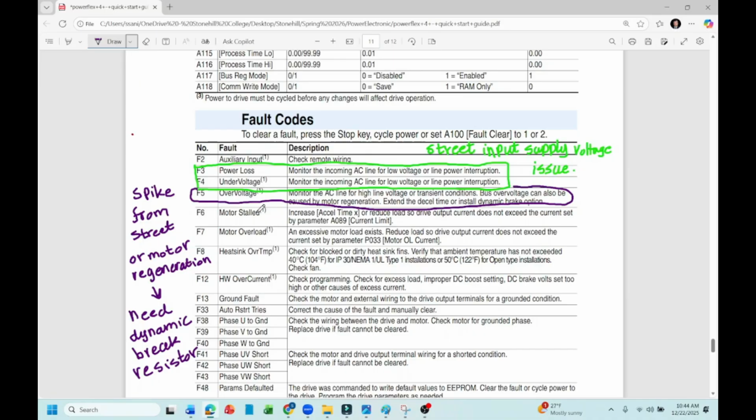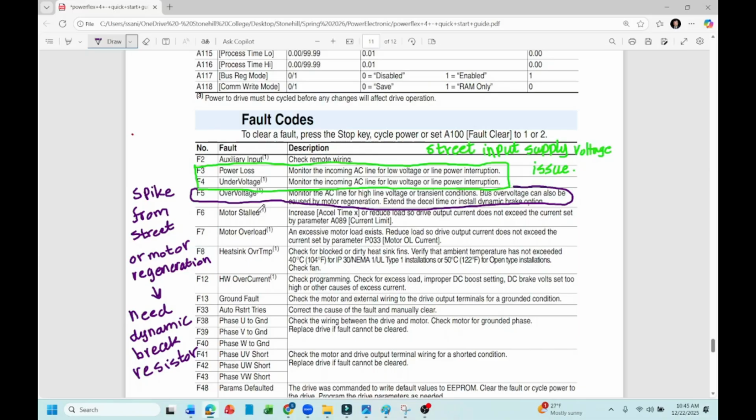And it could also be motor regeneration. We talked about this, we mentioned that whenever the rotor, technically the electromagnet in the rotor, turns faster than the electromagnet in the stator.